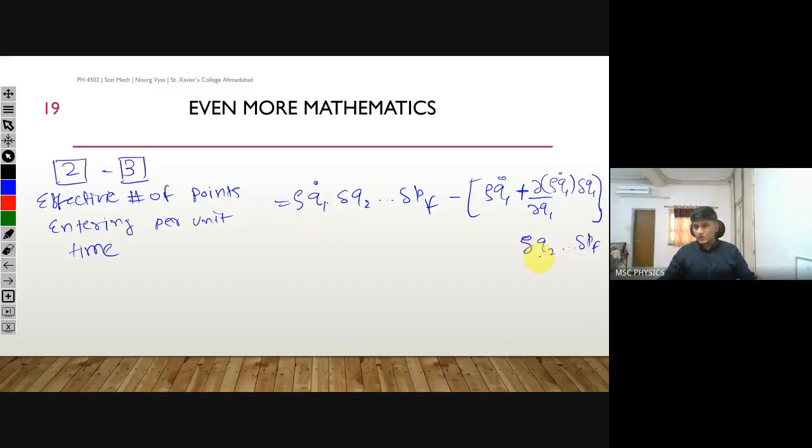And what you can do is multiply it out, and these two guys will eventually cancel out. So what you will get is minus del by del Q1 of rho Q1 dot, delta Q1 up to delta Pf. Now it is from Q1 because Q1 came from here, and delta Q2 and all others were already present. So now it is delta Q1 up to delta Pf. And this is the effective number of points entering per unit time.